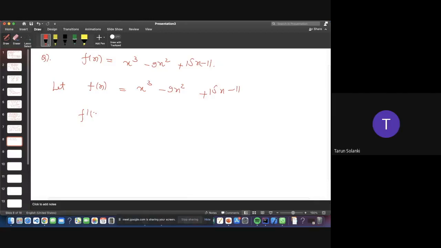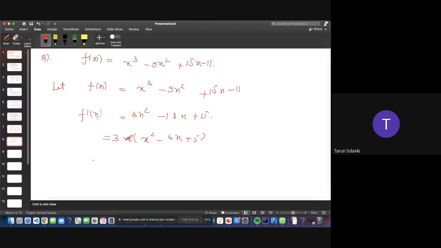So f dash x will be 3x square minus 18x plus 15. So 3 we can take common, so it will be 3 times (x square minus 6x plus 5).